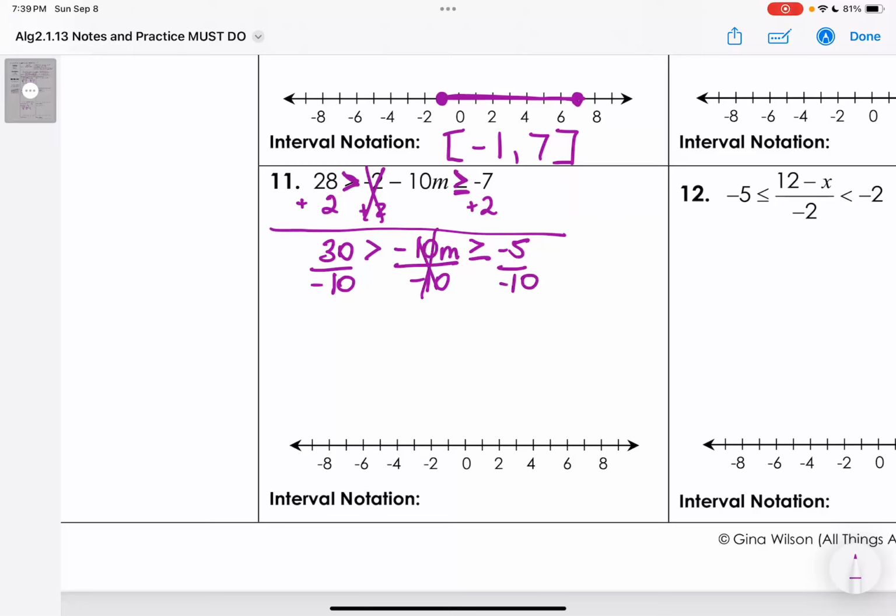So now I've got, remember the signs flip when I divide by a negative. So now I'm going to have, it's going to give me -3, and I have to flip my sign because of the -10 that I divided by. And then m, and then this one is flipped to less than.